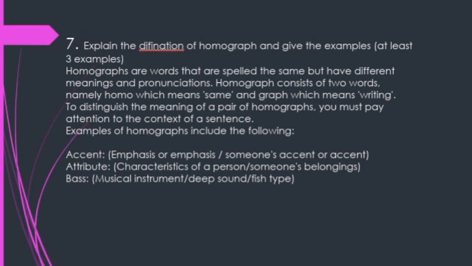And the last, explain the definition of homograph and give examples, at least 3 examples. Homographs are words that are spelled the same but have different meanings and pronunciations. Homograph consists of 2 words, namely homo, which means same, and graph, which means writing. To discuss the meaning of a pair of homographs, you must pay attention to the context of a sentence.